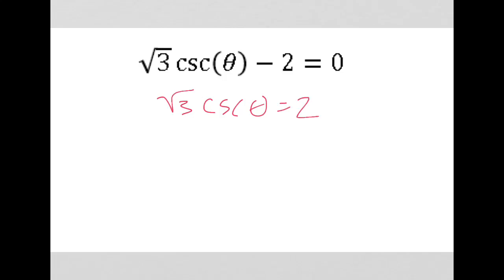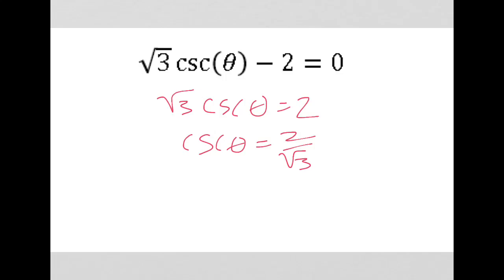Then I'm going to divide both sides by root 3 to get cosecant of theta equals 2 over root 3. And at this point, you might be thinking it's a good idea to rationalize that denominator, but I'll do you one better.